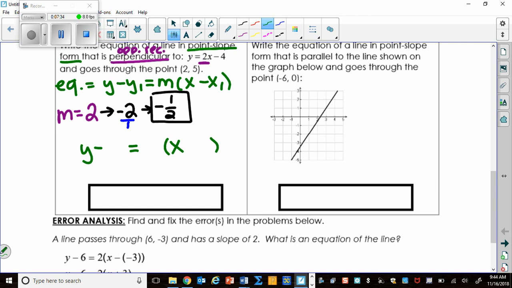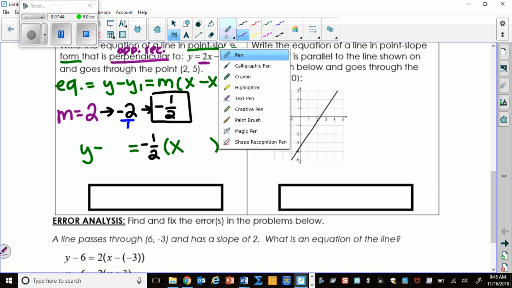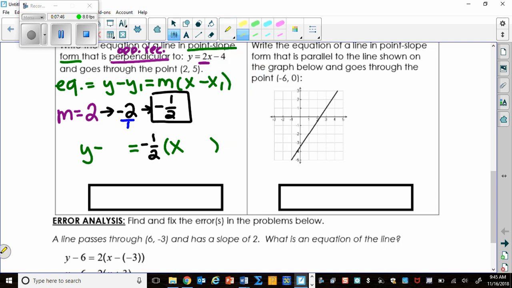The slope is -1/2 that I just found. And then I'm going to be plugging in my 2, 5. I'm going to highlight this in, let's say, this blue color right here. Then I'm going to use that bluish color when I plug it into my equation.